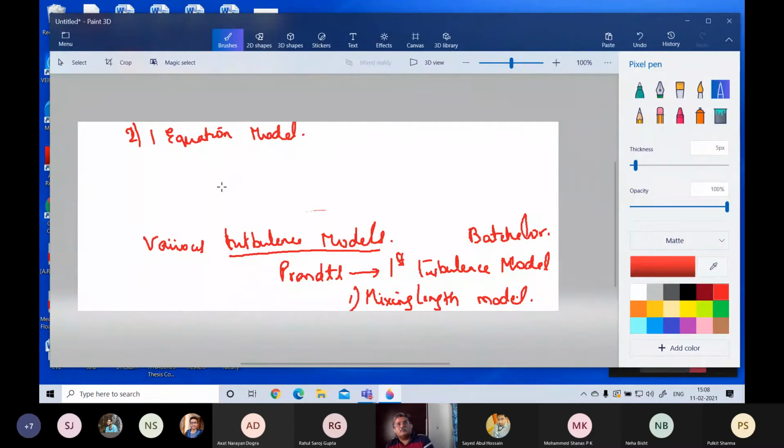A one equation model is one type of model which solves. So basically, when you say something equation model, the equation represents a differential equation. It's not about an algebraic equation, it's a differential equation.